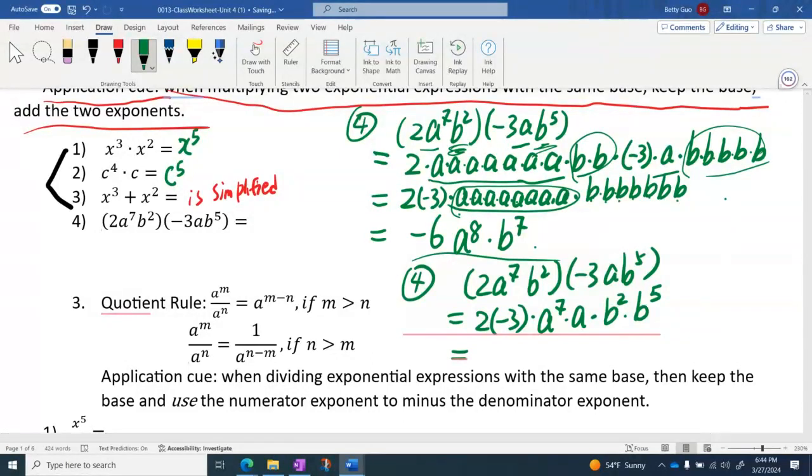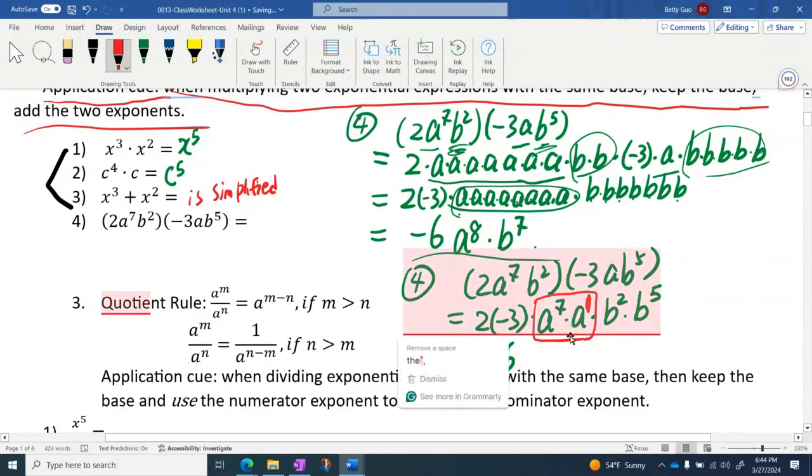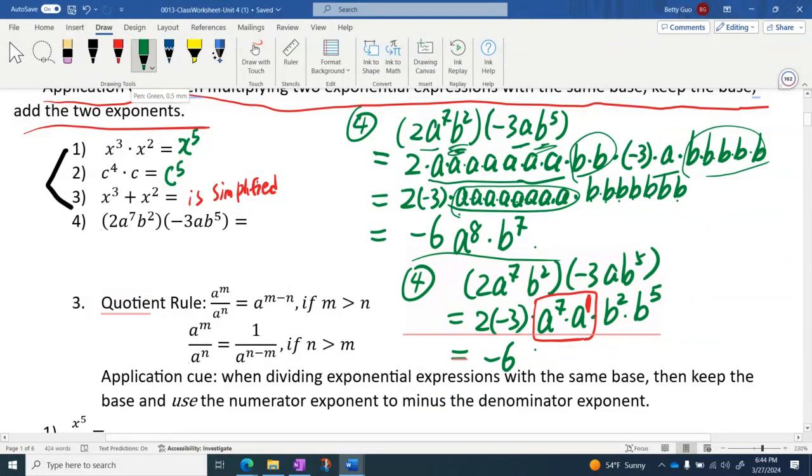So here 2 times -3 is -6. A to the power 7 times a to the power 1. This is the time we are able to use the product rule. We are multiplying two exponential expressions with the same base. So we can keep the base and add up the exponents, 7 plus 1.